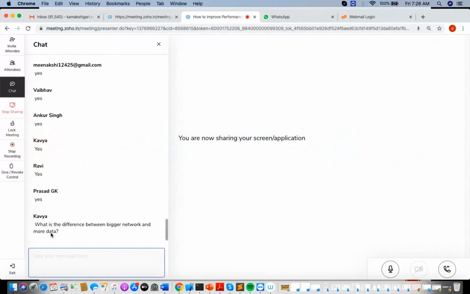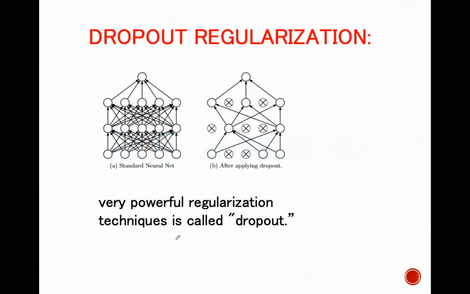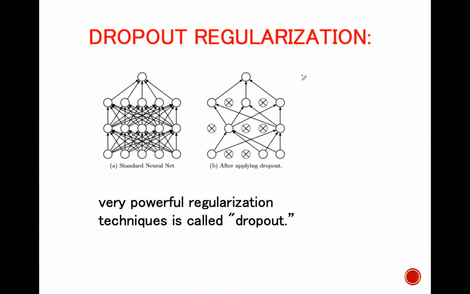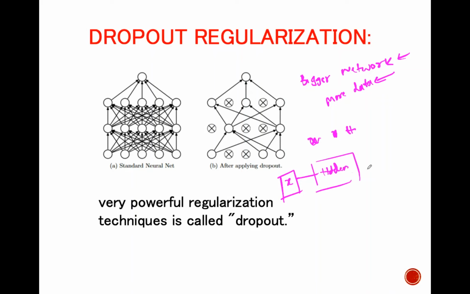Okay. Kavya is asking what is the difference between a bigger network and more data, right? Bigger network: you have the neural network with input, hidden layers, and output.